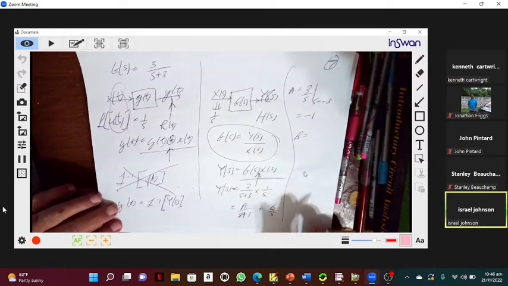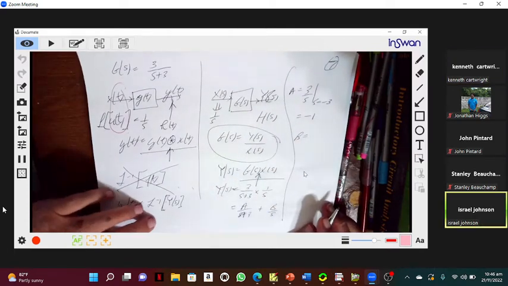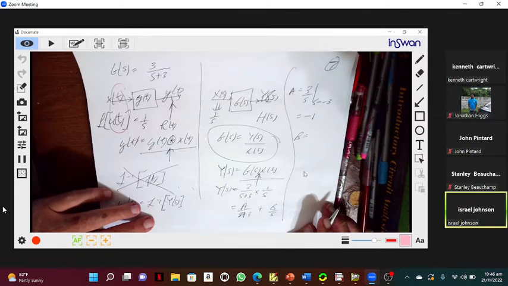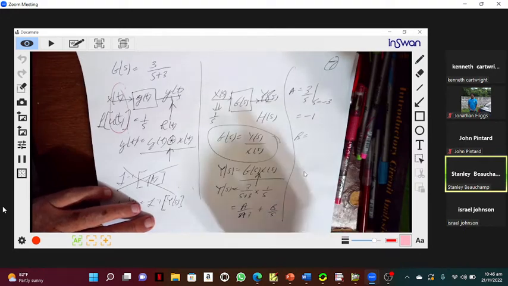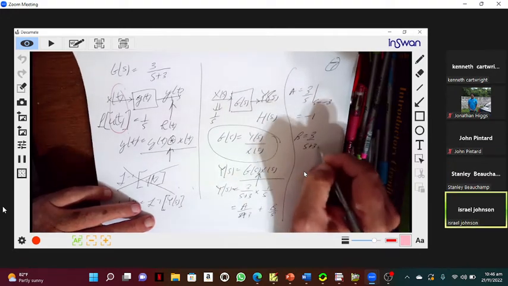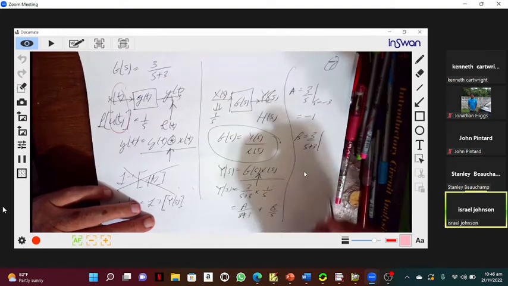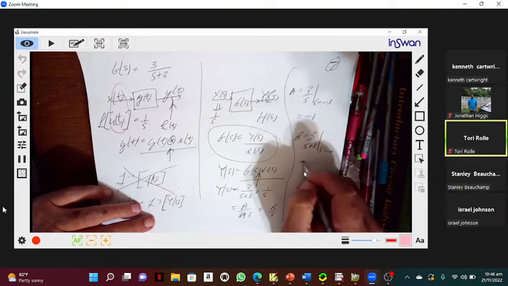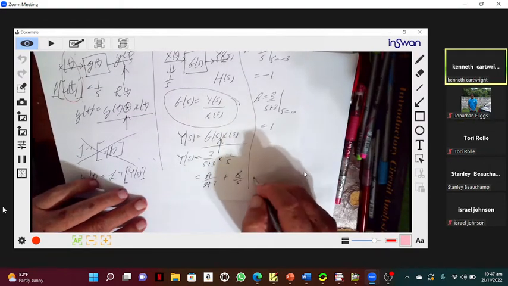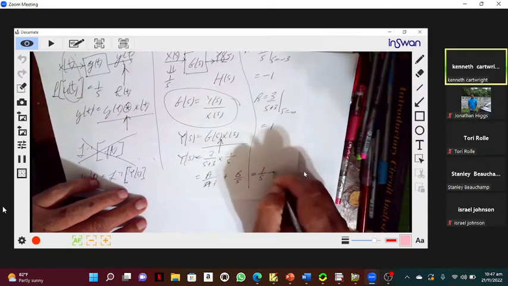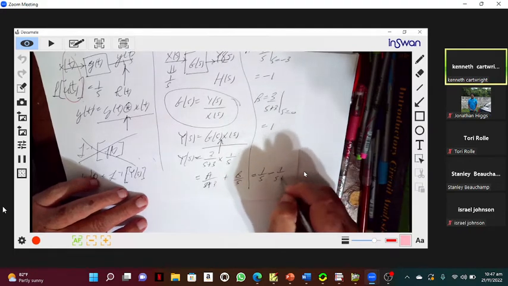That would be 3 over s plus 3 evaluated at s equals 0, which is 1. So y of s is 1 over s minus 1 over s plus 3.